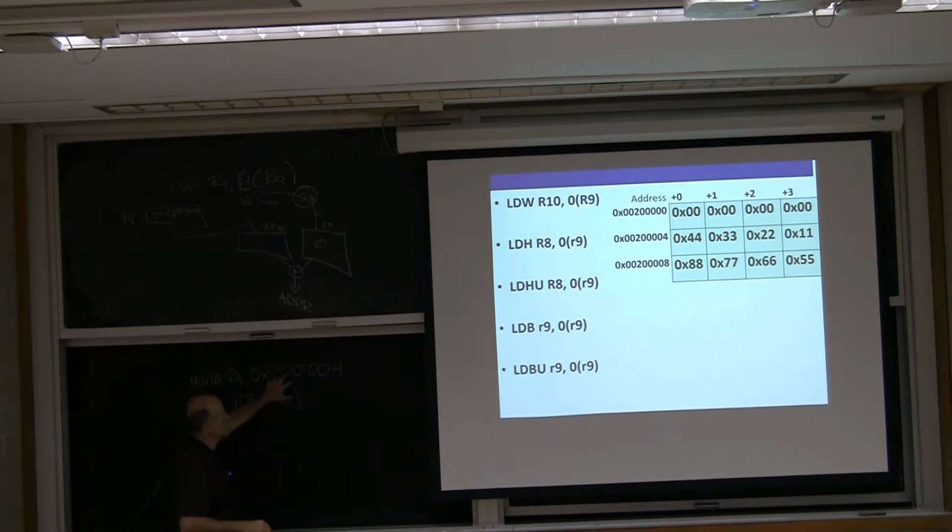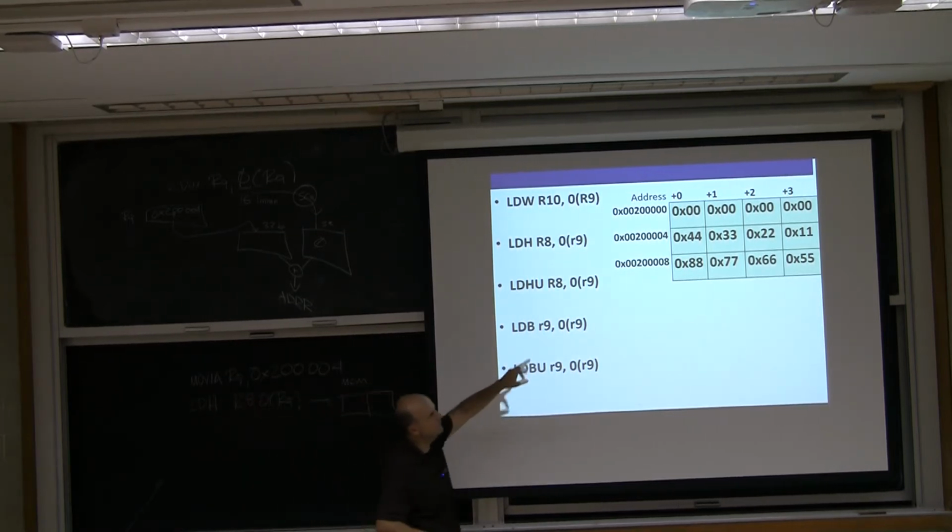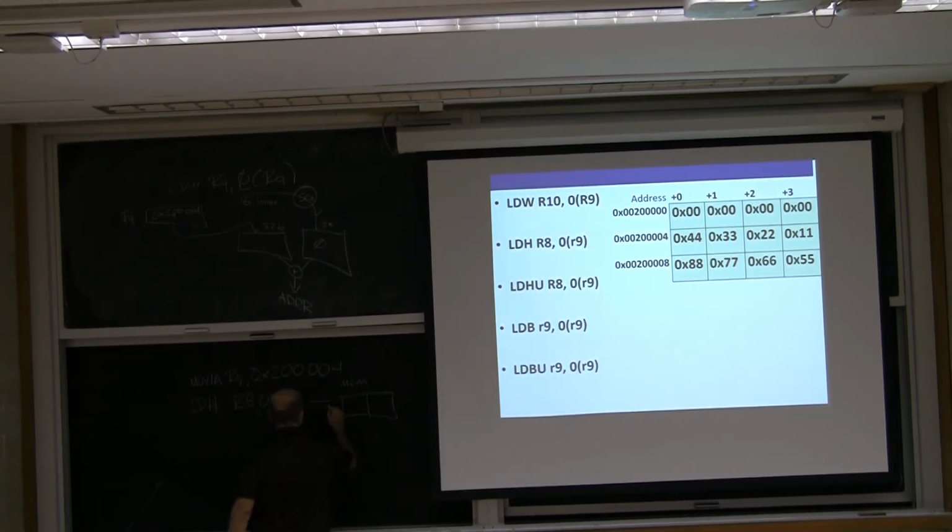This will go to this location. From memory, you're going to get 2 boxes, starting at 200,004. You're going to get the boxes 3344. So you're going to get this number from memory.